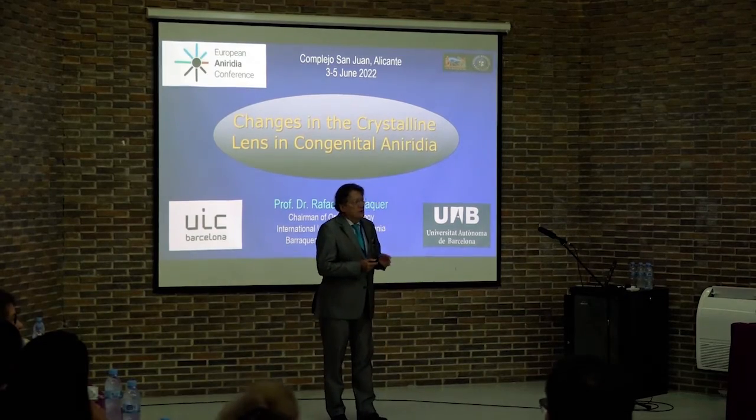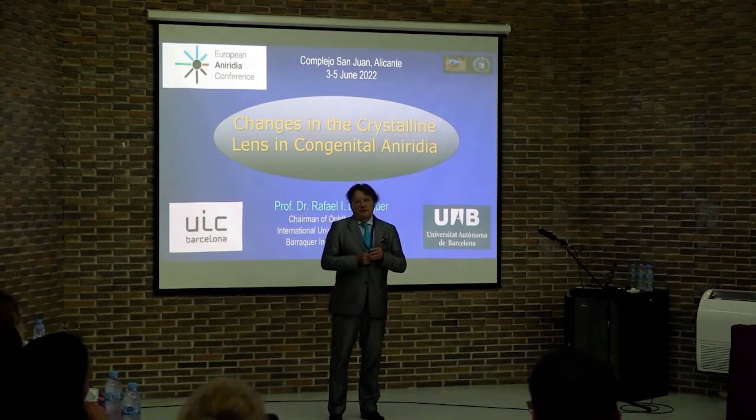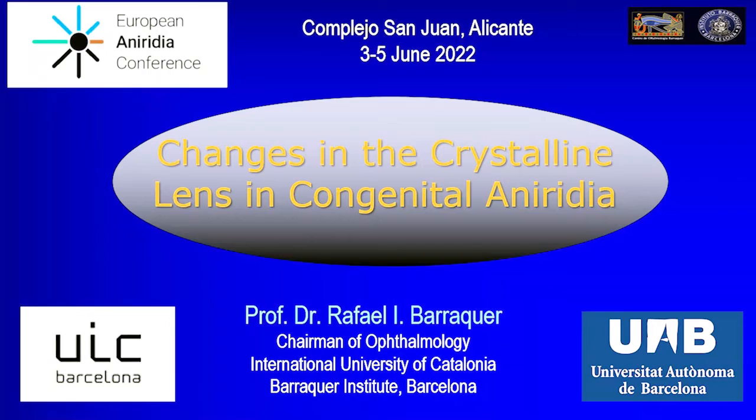I'm sure you are all aware that aniridia is a disease with many different manifestations in the eye, from many different parts of the eye. But even if you look only at one particular part, such as the lens, there's also a wide variation of the possible degrees of manifestation. And that creates a subtle dilemma, because it looks very easy.